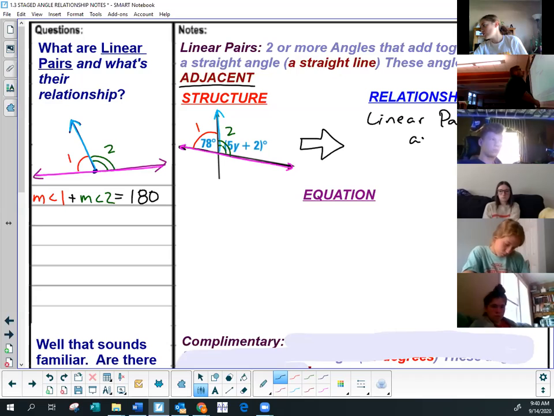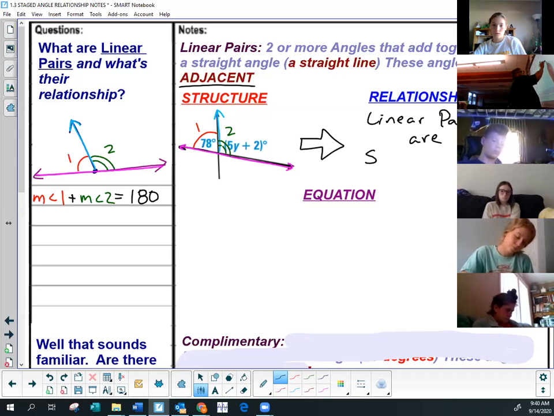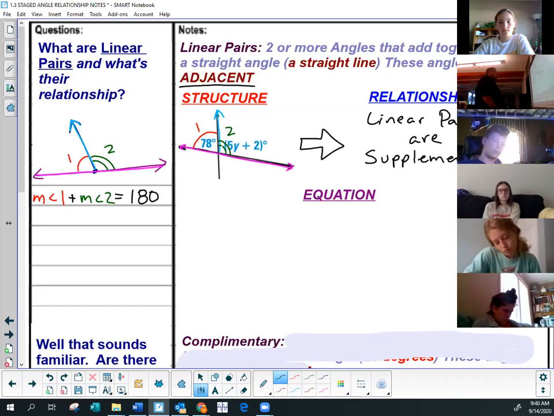But just like last time, simply saying linear pairs isn't enough. Linear pairs actually drive another relationship, and that's going to be this term, supplementary. Now, hopefully that's review, but supplementary is just a geometric way of saying they add to 180 degrees.